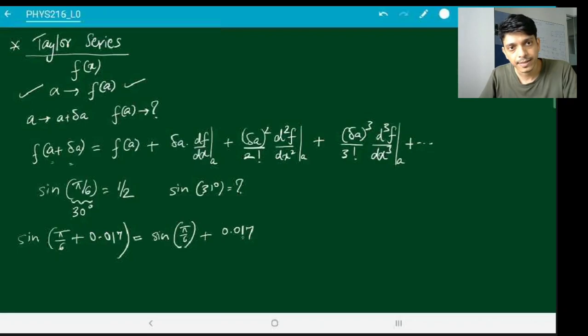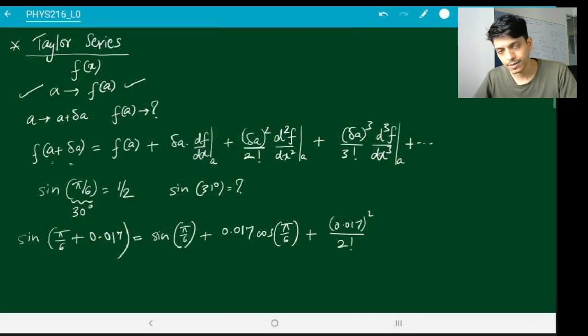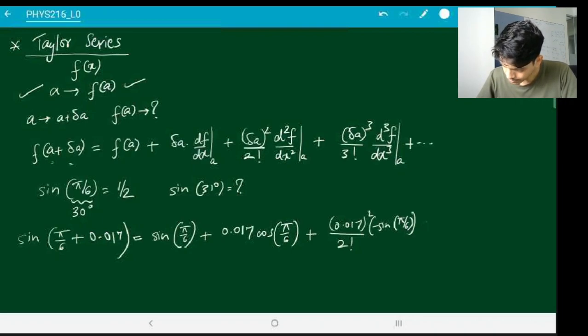What is the derivative of sine x? It's cosine x. So cosine x evaluated at pi by 6, plus this thing square divided by 2 factorial, times the second derivative of sine. The derivative of sine is cosine, which goes to minus sine. So minus sine pi by 6, and so on. Then you can just put in the numbers.